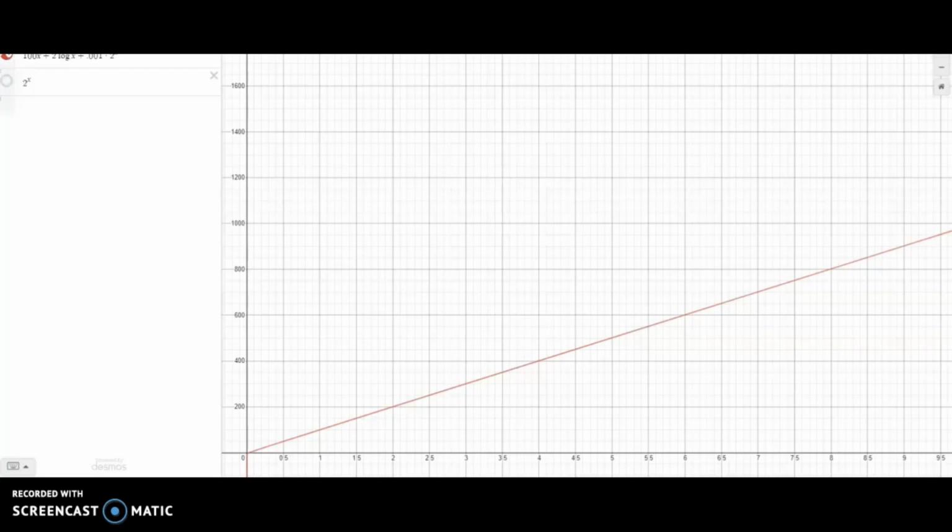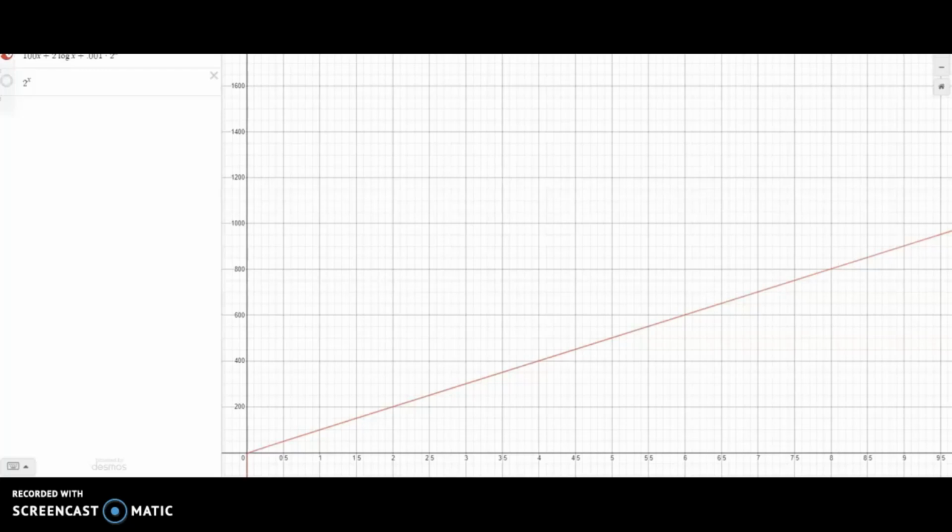And at first, it looks fairly linear. It seems like that 100x is having a pretty big influence because as x approaches 1, as n approaches 1, I should say, we see that this requires about 100 operations, which tells us that this 100x is having a major contribution to determining that because 2 times log of 1 is really, really small, and 0.001 times 2 to the first is very, very small.